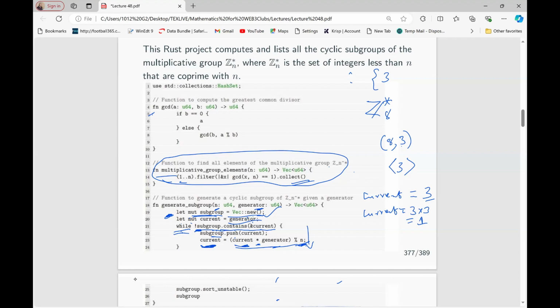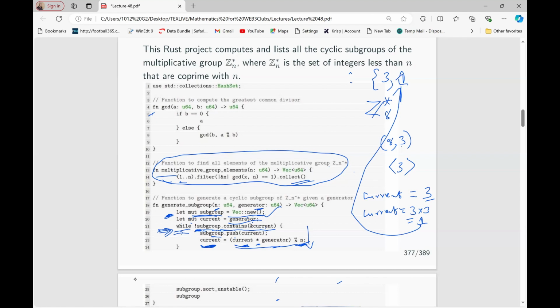You come back here. And at this point, the statement says, while the subgroup does not contain the current, push the current to the subgroup. So we push our current there. Good.